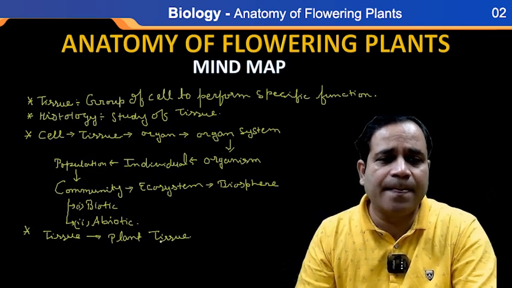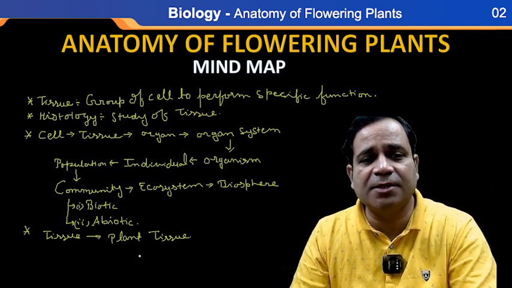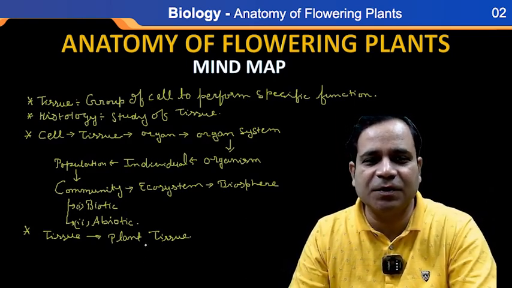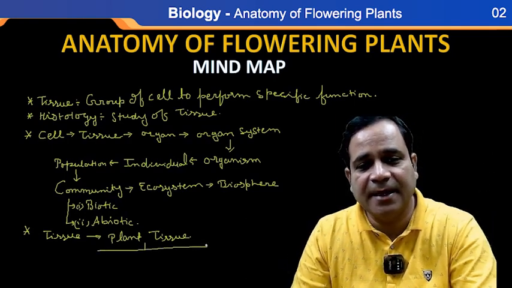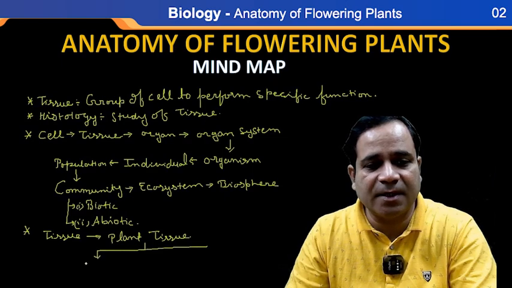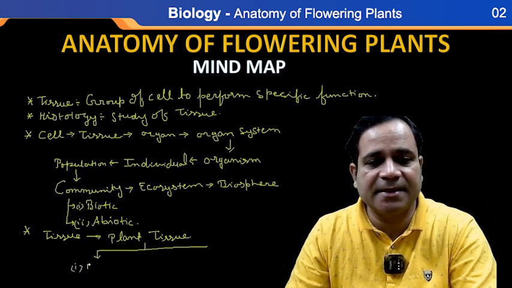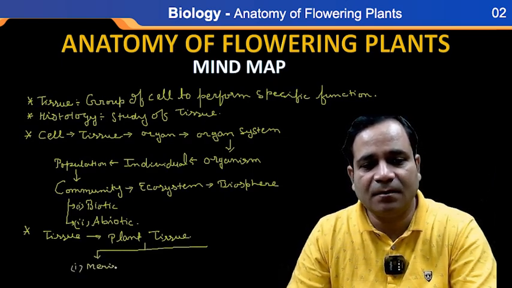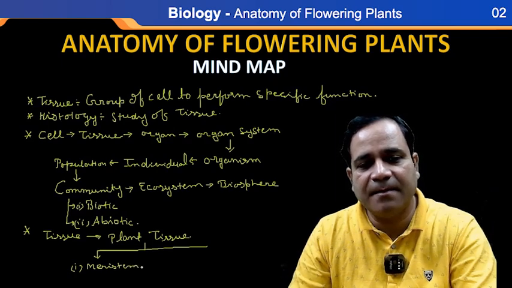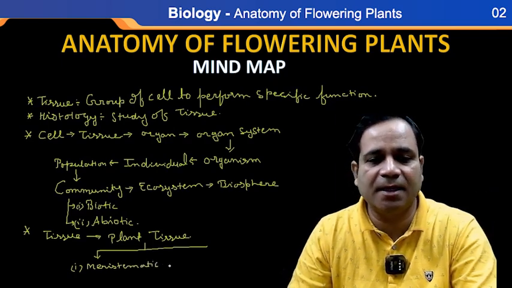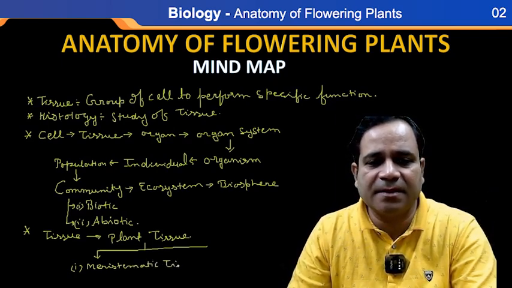So if I'm talking about plant tissue, you know that plant tissue is further classified into how many parts? Yes, very good. The first one is meristematic tissue. Number one is meristematic tissue, my dear. And you know the other name of meristematic tissue?